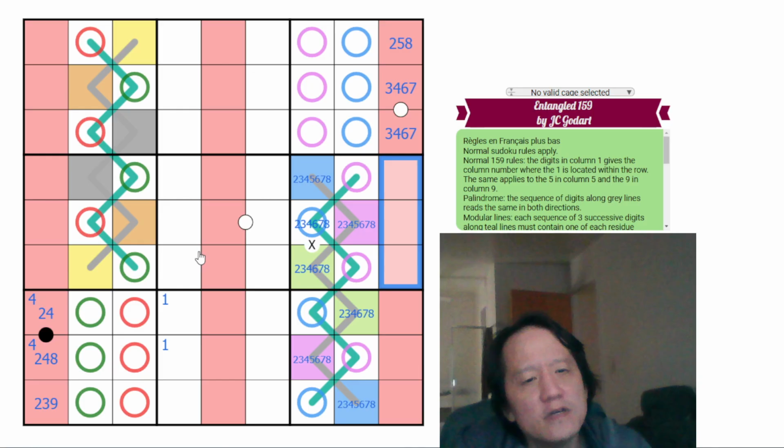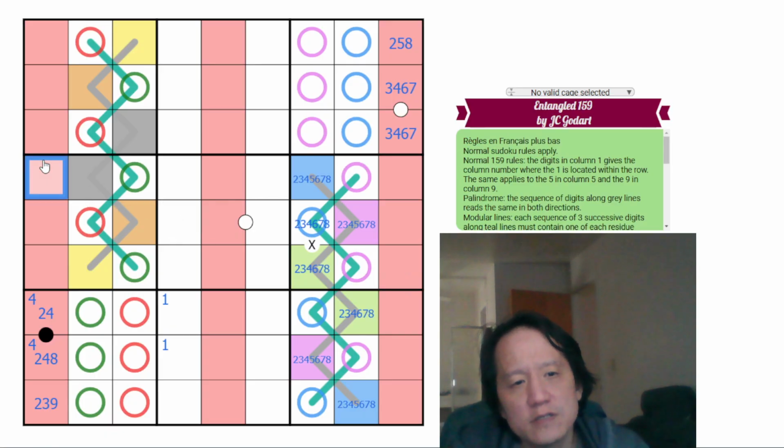If the one is here. Oh, interesting. If the one is here, that means this is 9, right? Because the one would be on the 9 column in box 6. So then this would have to be 1. Sorry, this would have to be 9, which means this is 2 or 3.